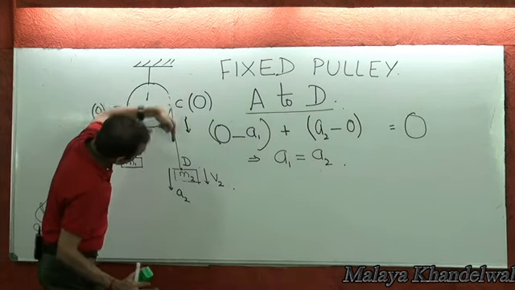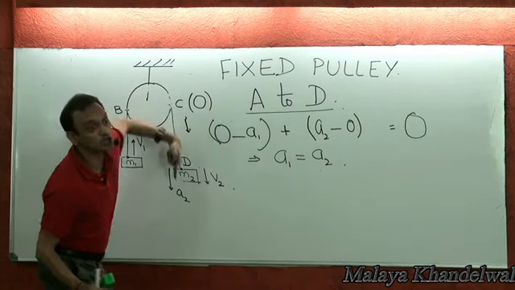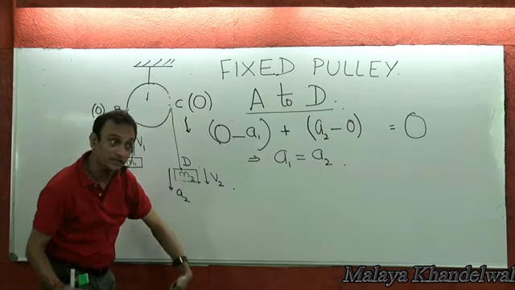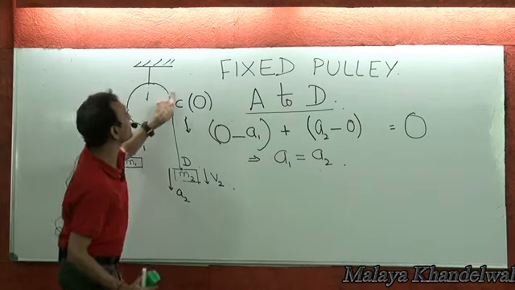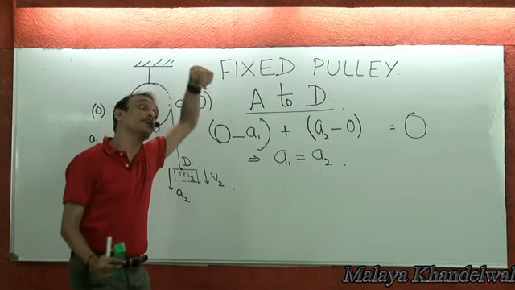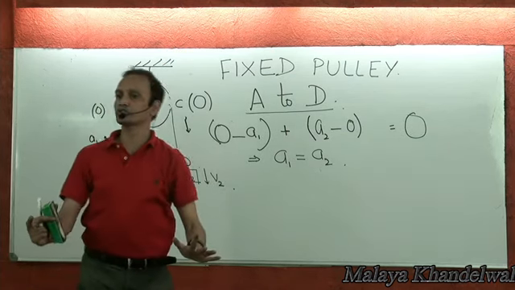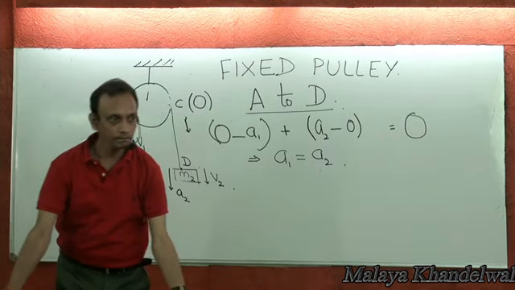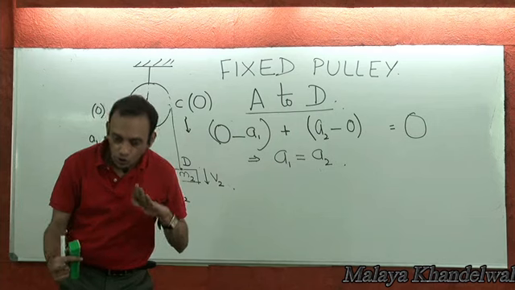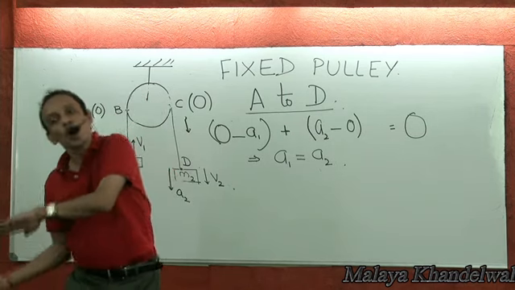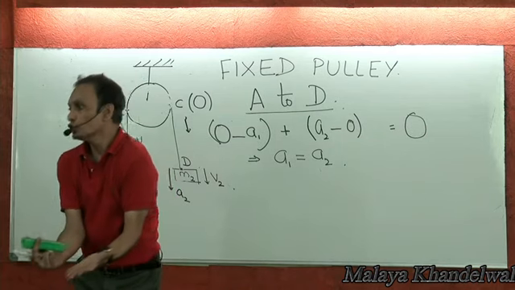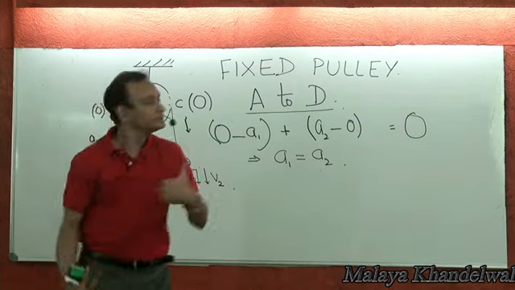But when I'm going from C to D, my direction of traversal is positive. So all velocities and acceleration measured in this direction will be positive. All velocities and acceleration measured opposite to the direction of traversal will be negative. Yes or no? Got me? It's not going to be up or down. It's going to be in the direction of traversal or opposite to the direction of traversal. That's the key thing to understand here, right?